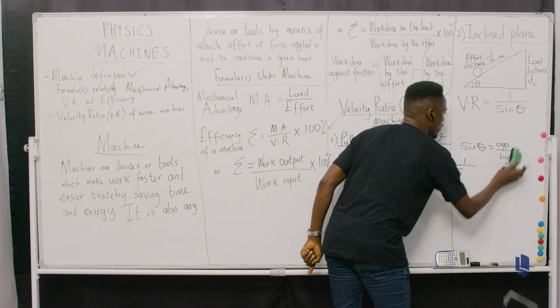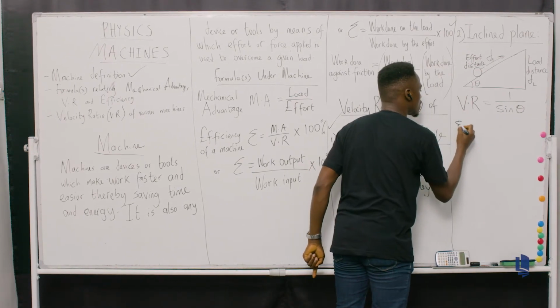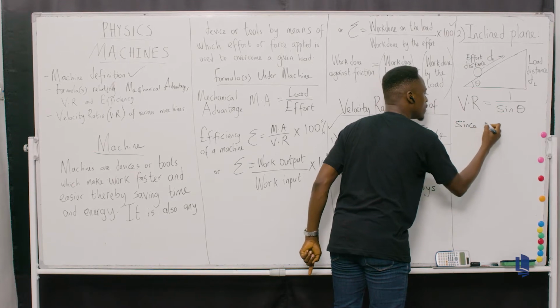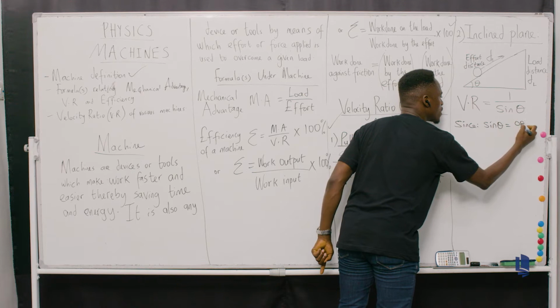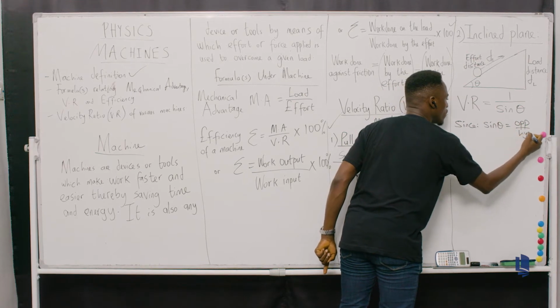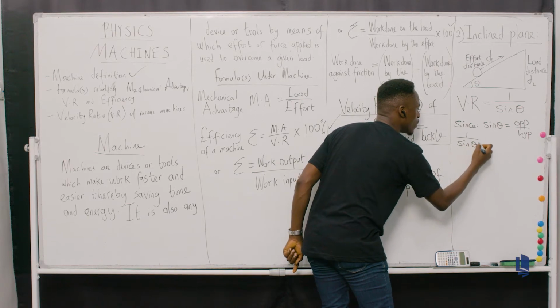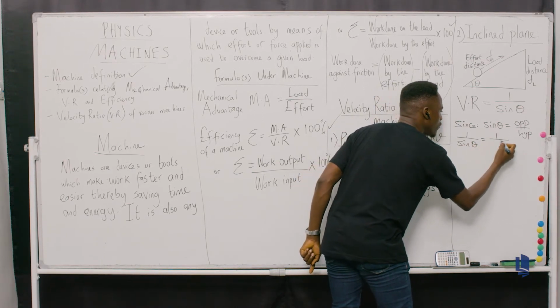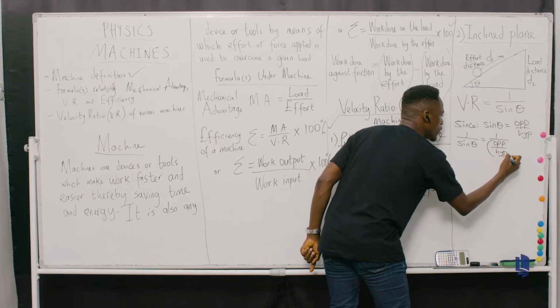Let's write it like this. Since sine theta is equal to opposite over hypotenuse, 1 over sine theta will be equal to 1 divided by opposite over hypotenuse.